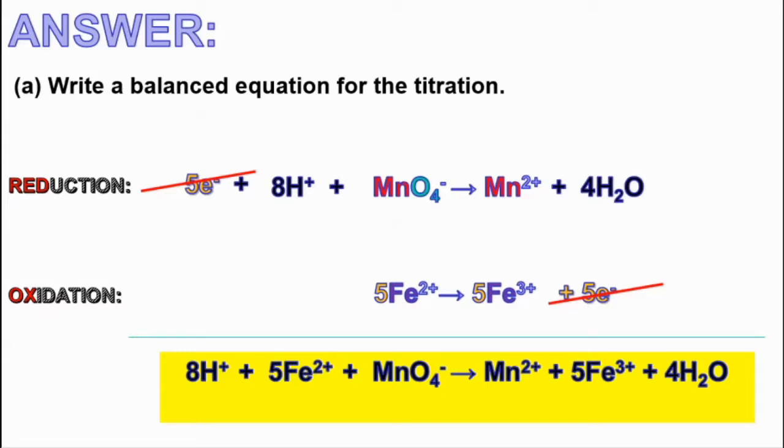That's why this reaction occurred in acidic medium. So we are going to stop here, no need to add the last step. So this is the balanced redox equation for this redox titration.